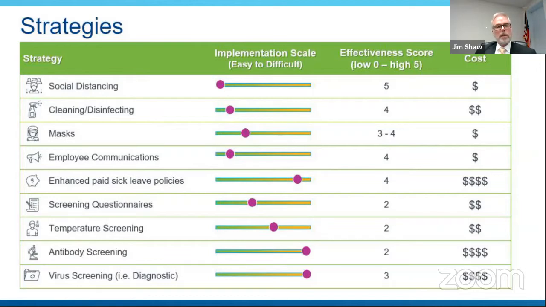There's a loss of productivity as folks screen in, and the thermometers themselves cost something, but it's not terribly expensive. Conversely, if we were trying to clock in, say, 30 or 35 people that show up to work at the Yancey building, that could take a much longer time, and you end up with a log jam where that screening line in itself can create a hazard. So the point being that we look at all of the various strategies that are being recommended and try to figure out which ones make sense for which particular work groups and settings here at Waynesboro.